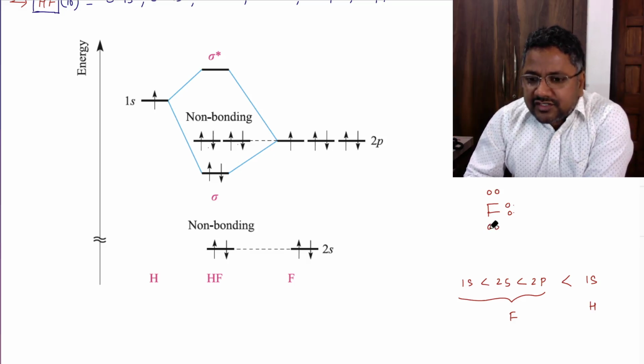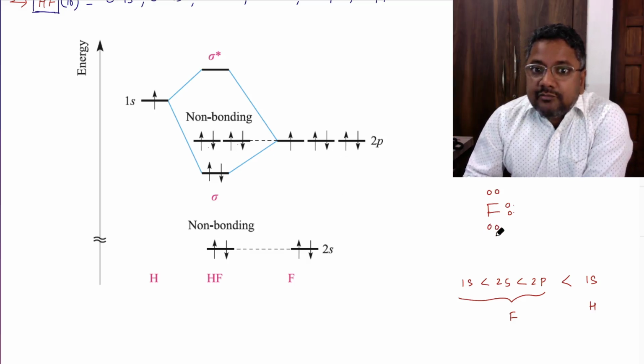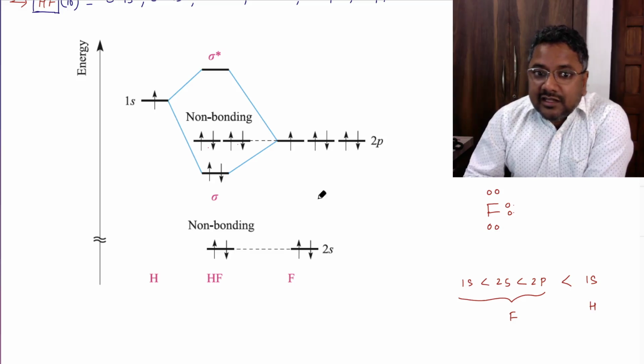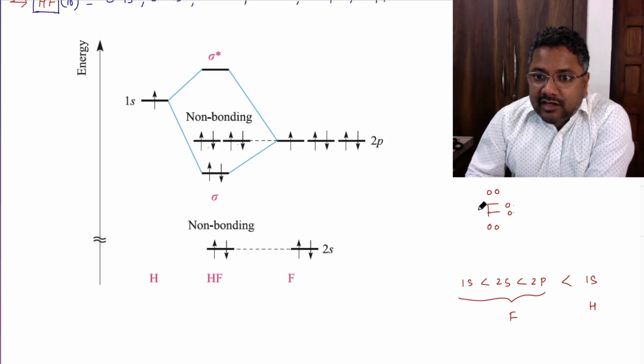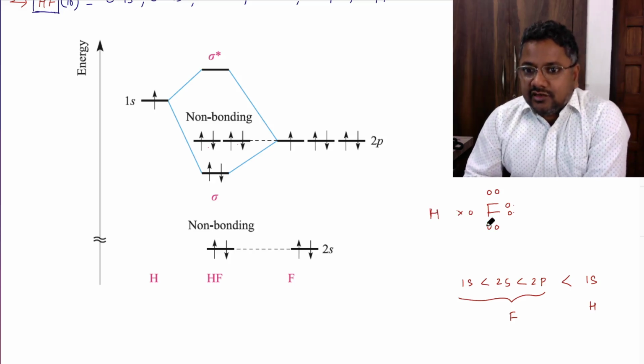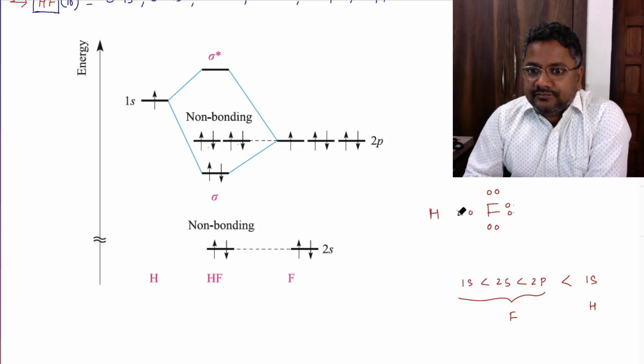These are present in pure p atomic orbitals, and this is the only sigma bond, in which one electron of fluorine and one of hydrogen are involved.